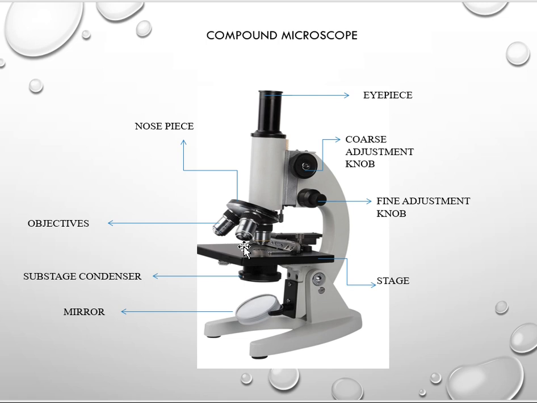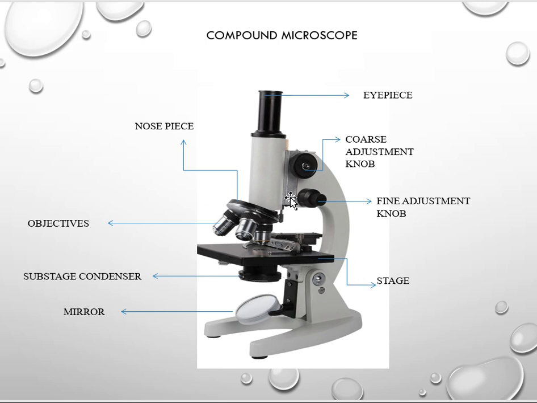Now here you have three objectives, 45x, 100x, and 10x. And again you have the folder arm, the body stage, and the body tube as the supporting system. And in illumination you have mirror, then you can have iris diaphragm, tube light, external sources of light.